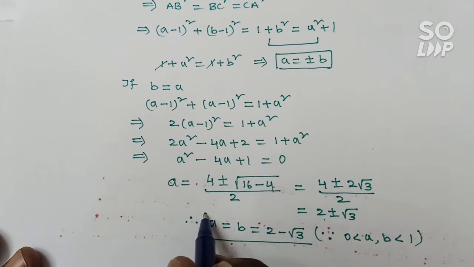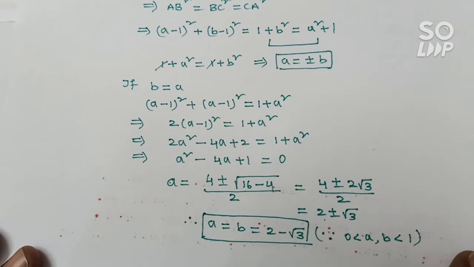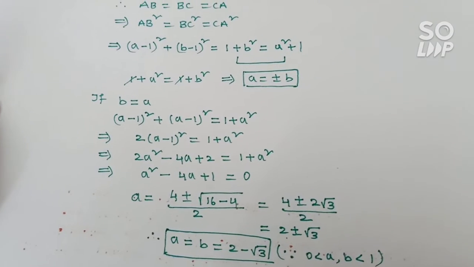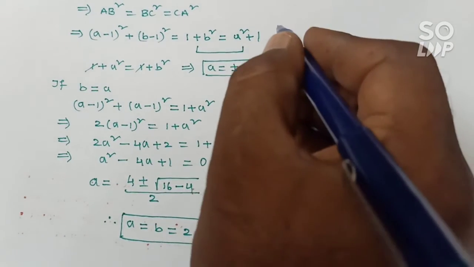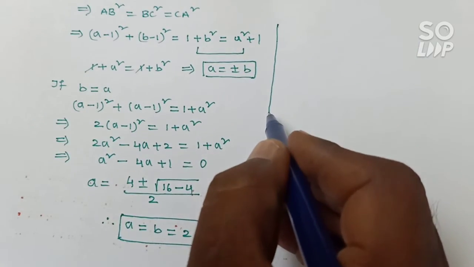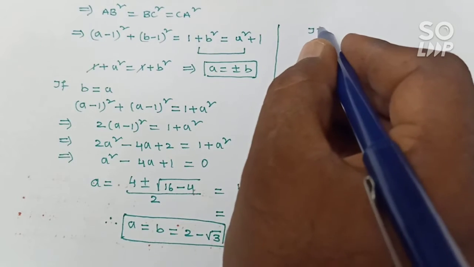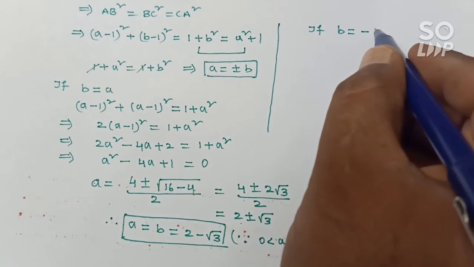But here you have to check another case also. What is that other case? b is equal to minus a. What happens when b is equal to minus a?